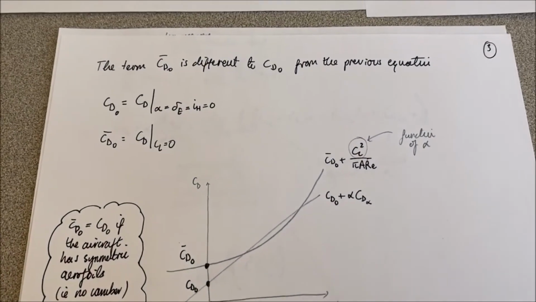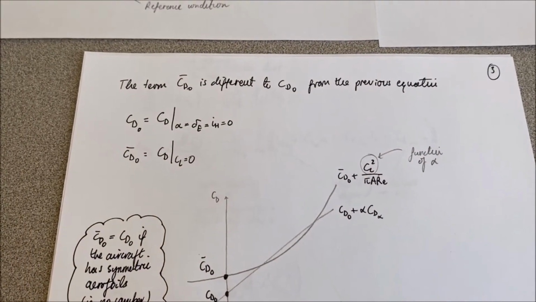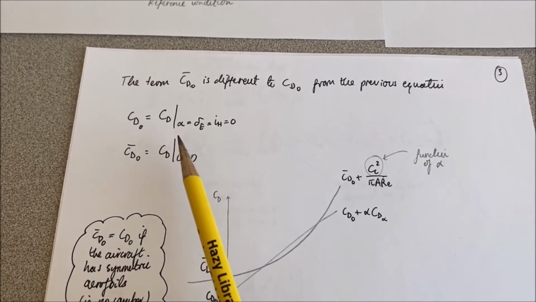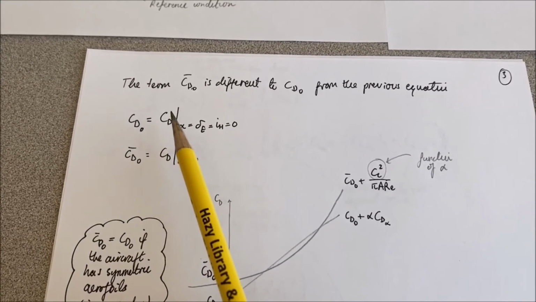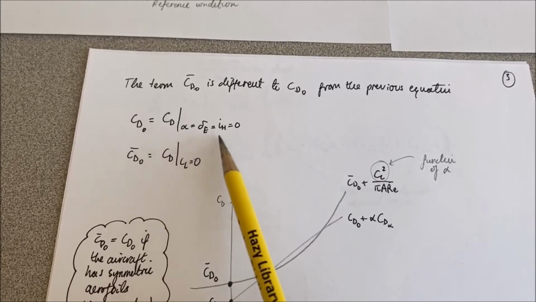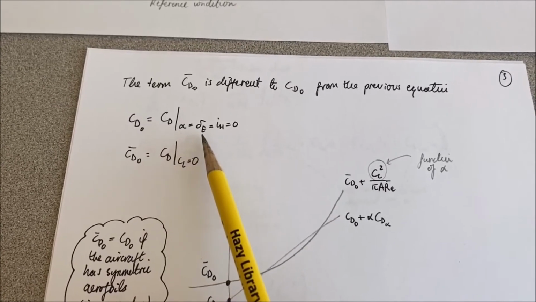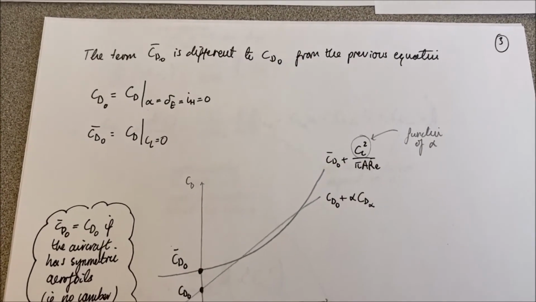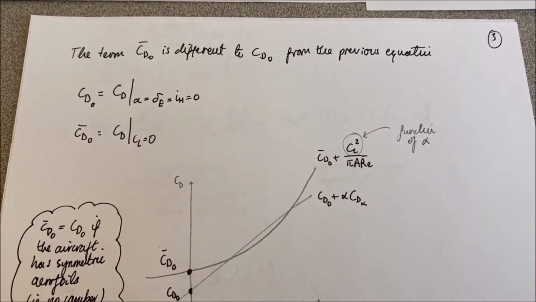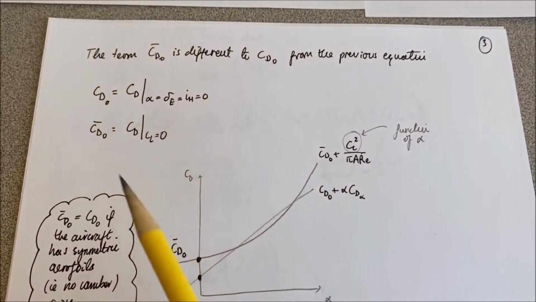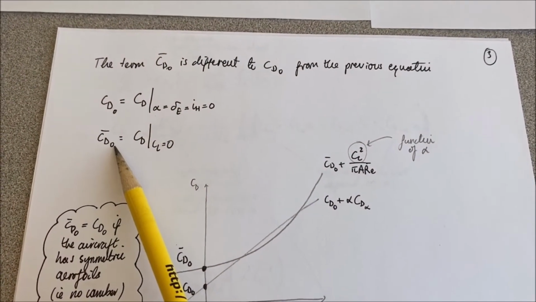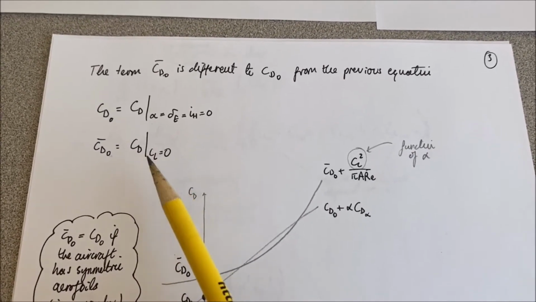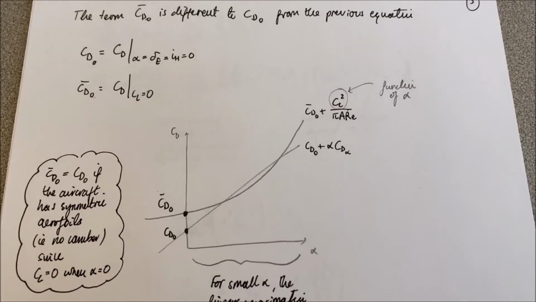So CD0 bar is different to CD0 because CD0 is the drag coefficient associated with this particular condition here. So when the angle of attack, the elevator deflection angle, and the inclination angle of the horizontal tail are all 0, whereas the CD0 bar term is CD0 when the lift coefficient is 0. So essentially we have two different approximations for CD here.